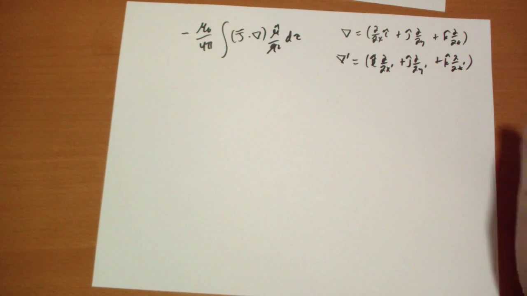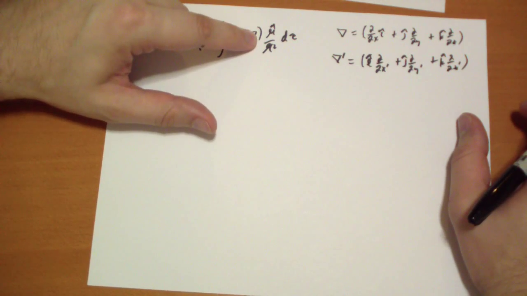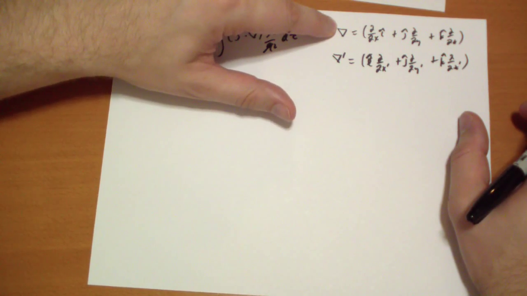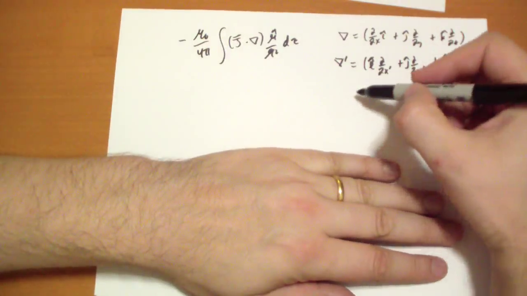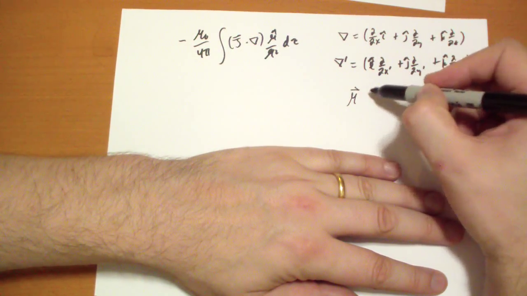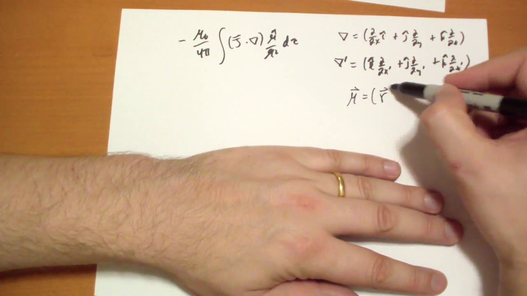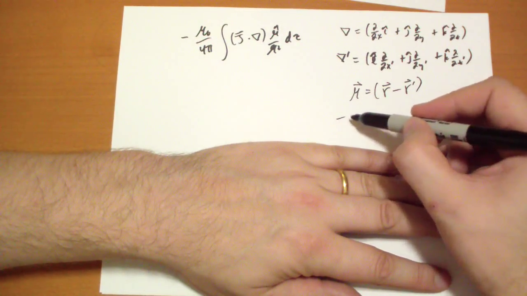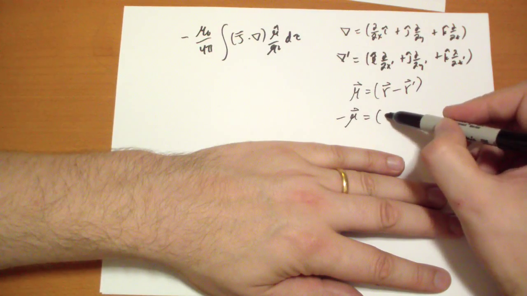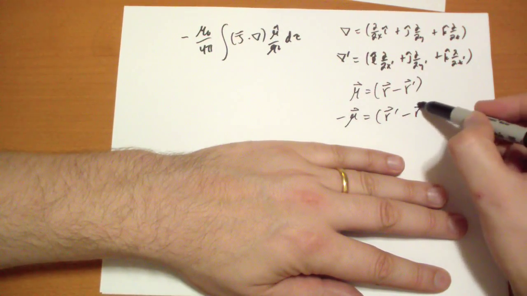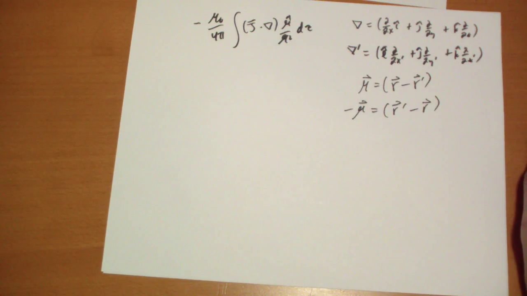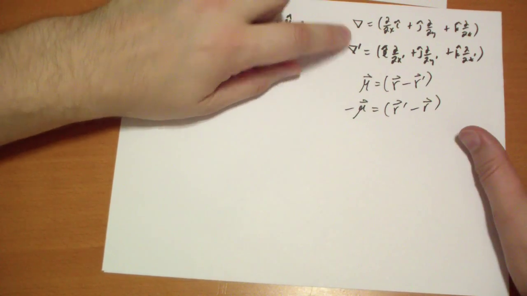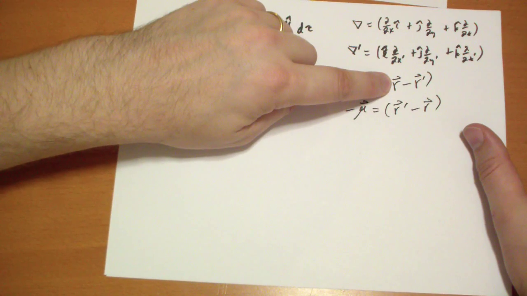Whatever this guy is, we take this function and notice that r vector is equal to r vector minus r prime vector. So negative this guy is going to be equal to r prime minus r vector. If we took the regular derivative of this guy, it's going to be operating on this first one.